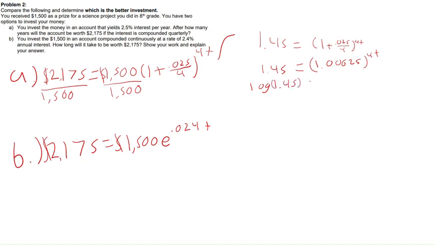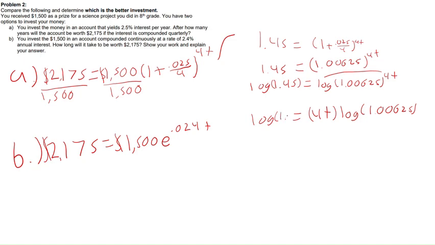We'll add parentheses to make it clear. And then we can move the 4t down. So now it's 4t times log 1.00625 equals log 1.45.